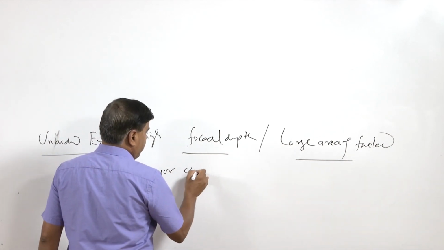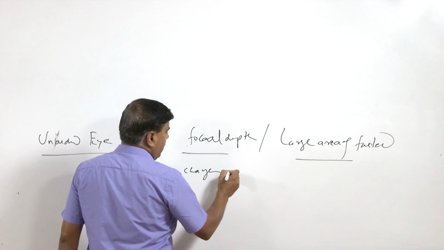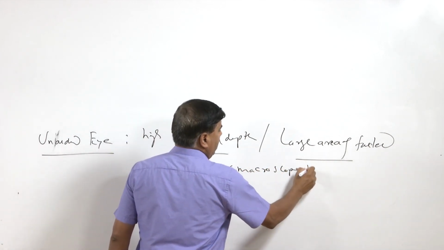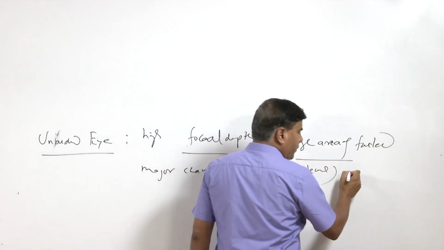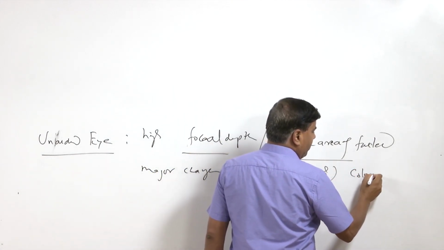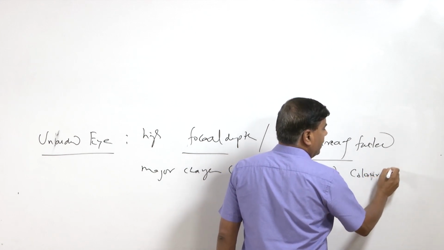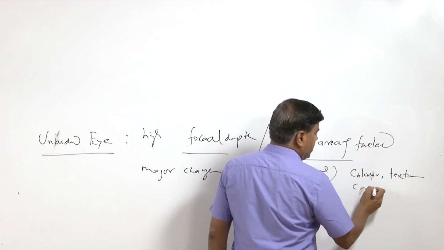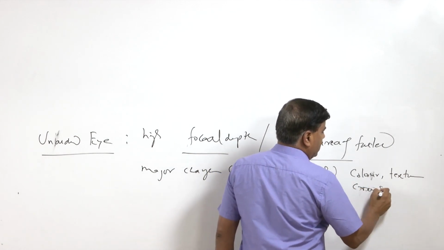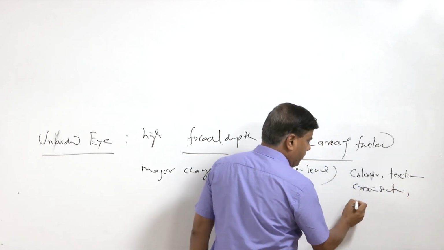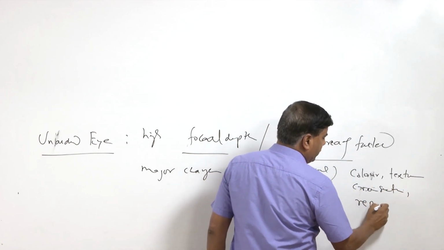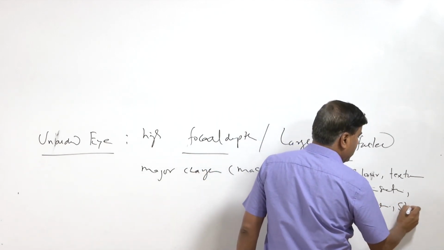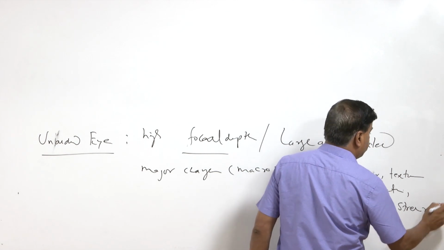So, major changes basically at the macroscopic level, in form of the change of color, change of texture, change of the cross section, or presence of any kind of repair near the fracture zone, or any other kind of stress raiser if it is present.